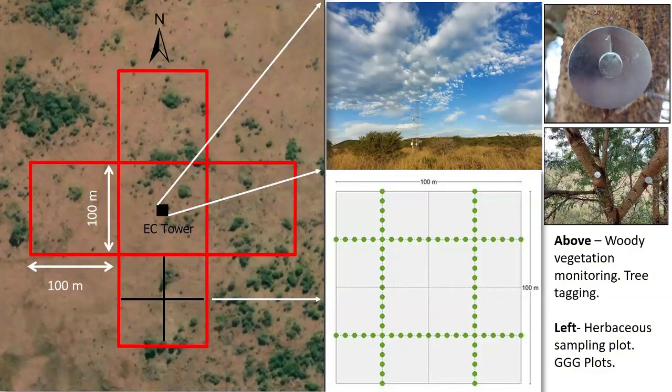And within each of these 5 plots, we tagged every tree that meets the threshold. And the same thing was applied for the herbaceous plots. They all had 85 permanent plots within each of the 1 hectare plots. So there was a considerable amount of time spent doing this work, but it led to really good baseline data that we could use.